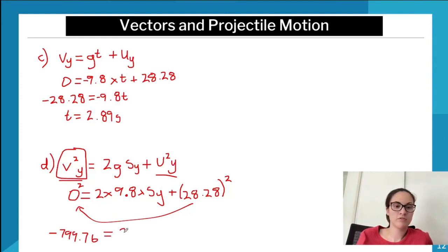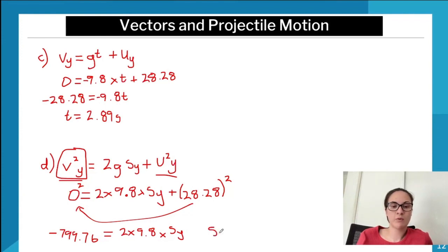And then we've got 2 times 9.8 times Sy. Yep, and we're going to divide the other side by 2 times 9.8.